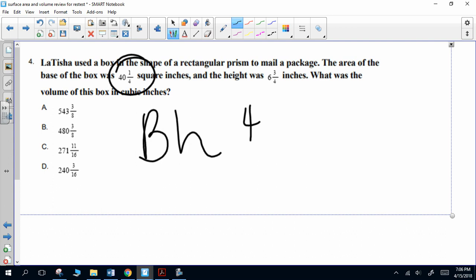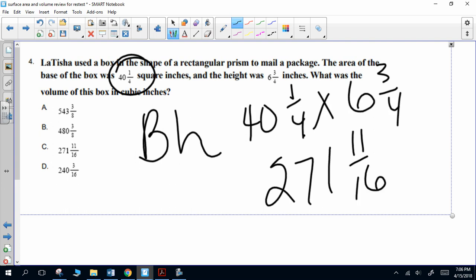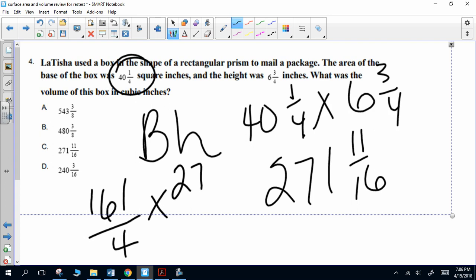So I have 40 1/4 times 6 3/4. And when I do that multiplication, I get 271 11/16, because this would be 161 over 4 times 27 over 4, and then it would work out to be that.